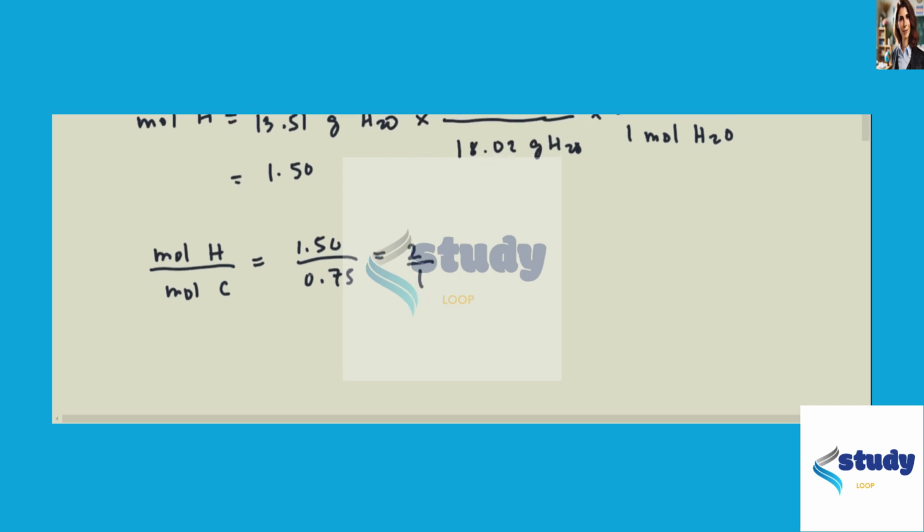So this implies that in the empirical formula, for every mole of C, we have 2 moles of H. So the empirical formula is CH2. I hope this helps.